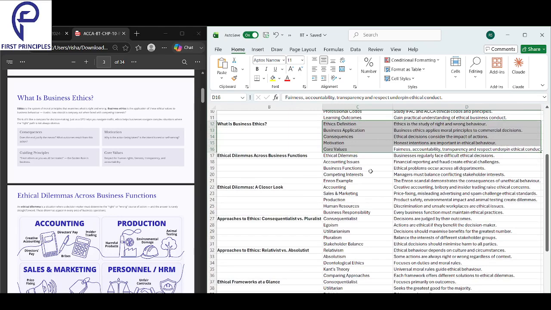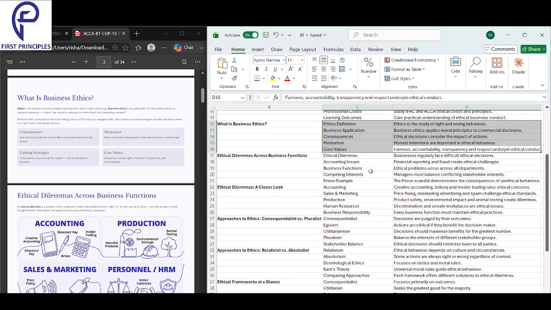Ethics is the study of right and wrong behavior. Business ethics applies moral principles to commercial decisions. Ethical decisions consider the impact of actions. Honest intentions are important in ethical behavior. Fairness, accountability, transparency, and respect underpin ethical conduct.